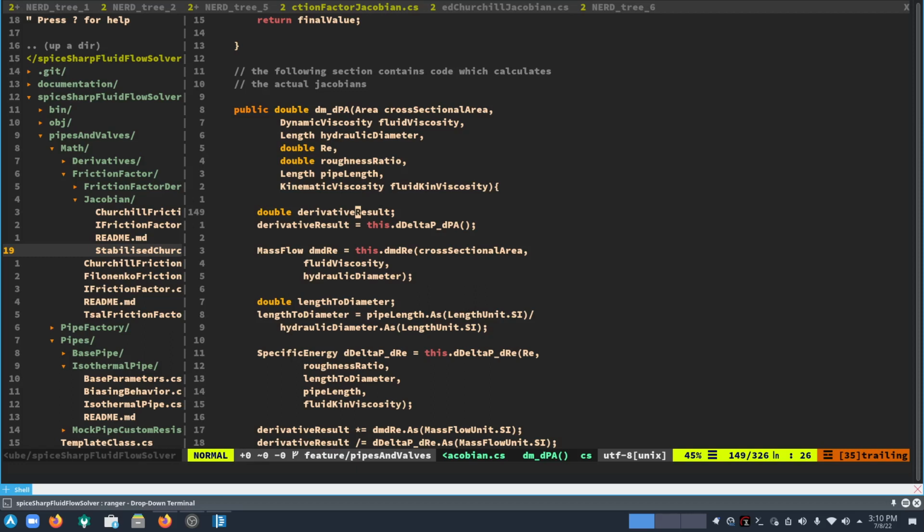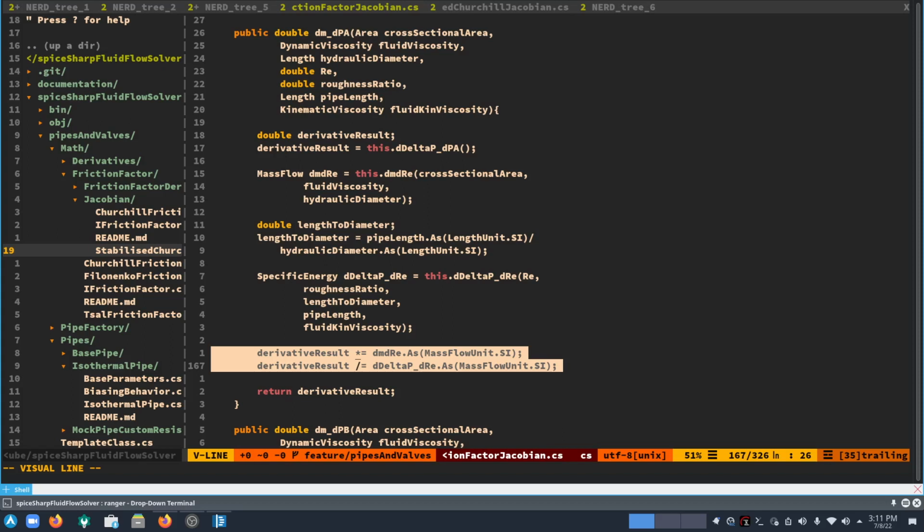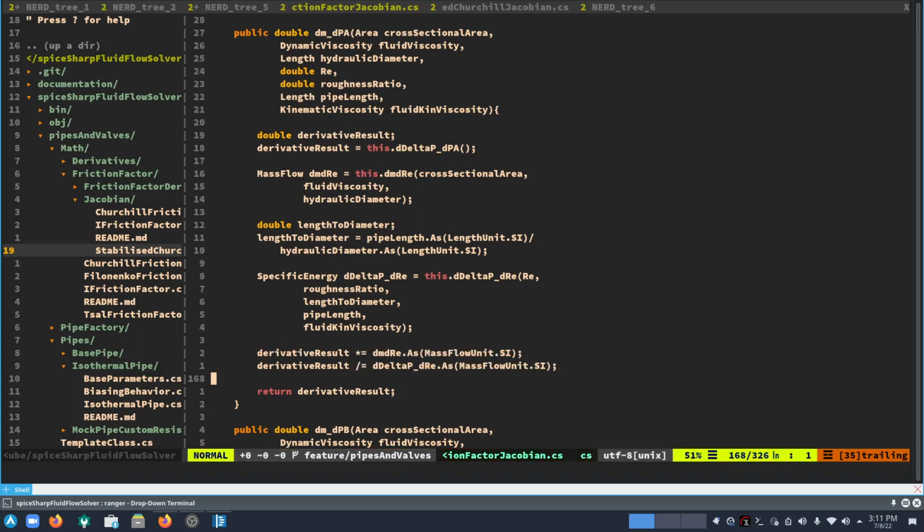First thing first, I will calculate dΔP/dPA, which is calculated over here. I will calculate the dm/dRe and the length to diameter ratio, and then I will feed it into the dΔP/dRe, and then I will multiply or divide accordingly.